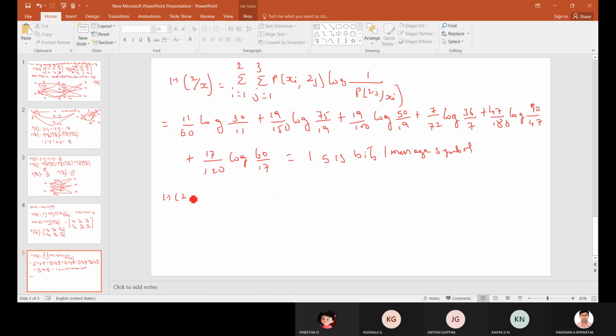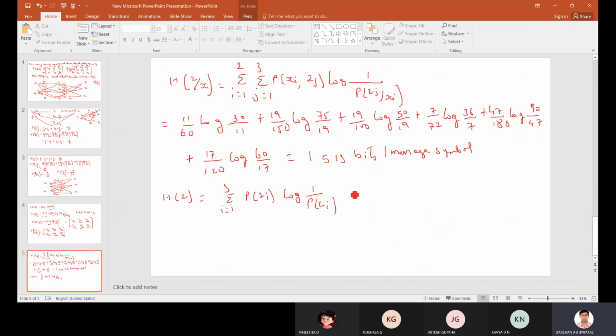H of z is equal to the summation i equal to 1 to 3 of P of zi into log of 1 by P of zi.